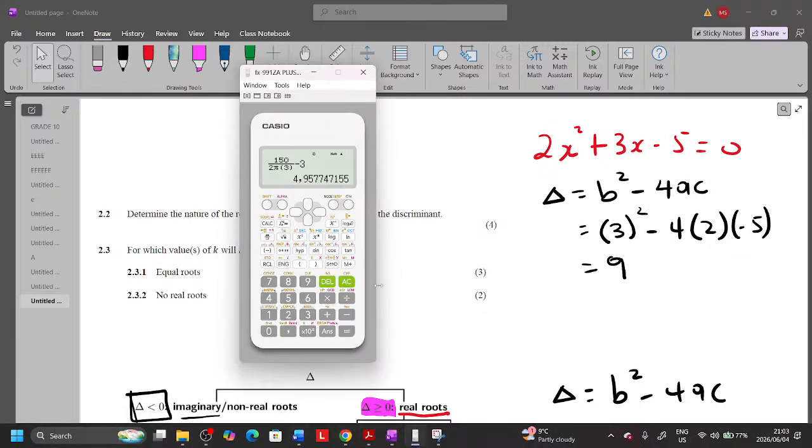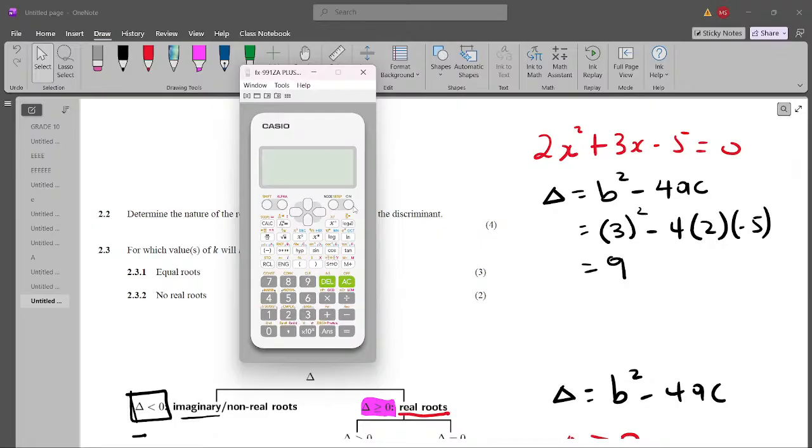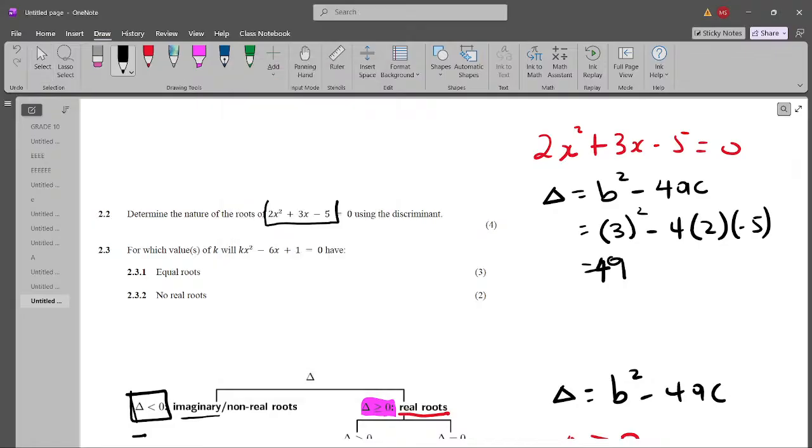Now, let's just put everything on a calculator. Let us not complicate life. 3 squared minus 4 brackets 2 brackets minus 5. This is 49. So how do you describe the nature of roots? Here we can see that they are real. How do you know they are real?